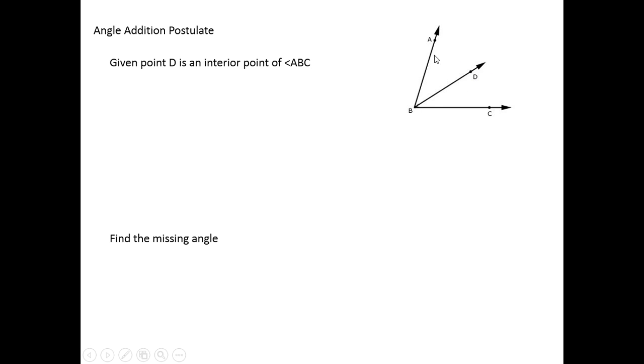Okay, so now what we have is actually three angles. And here's where the angle classification comes in handy, because I can't refer to angle B, because angle B could be one of three angles. So really I have to refer to these angles as depicted here using the three-letter classification. That would be angle ABD, angle DBC, and the all-inclusive angle ABC.